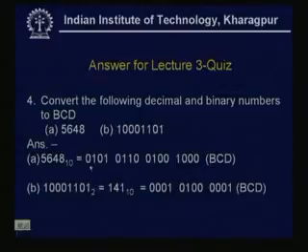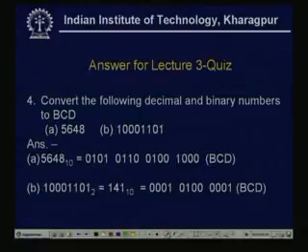So, 5 is 0101, 6 is 0110, 4 is 0100, 8 is 1000. So, this is my BCD.